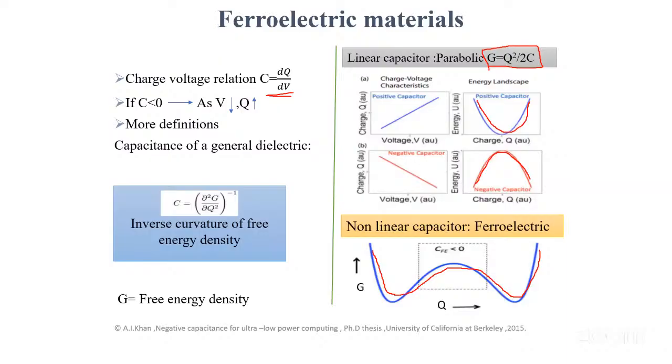But for a ferroelectric material, this is the nature of the energy versus Q curve. So you can see that here we have two minima, where the polarization will be opposite, and this particular state is called the metastable state, which is not stable, and these two are the stable states where the polarization will be stable.